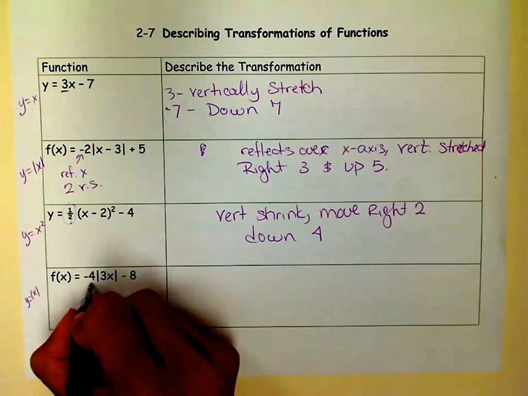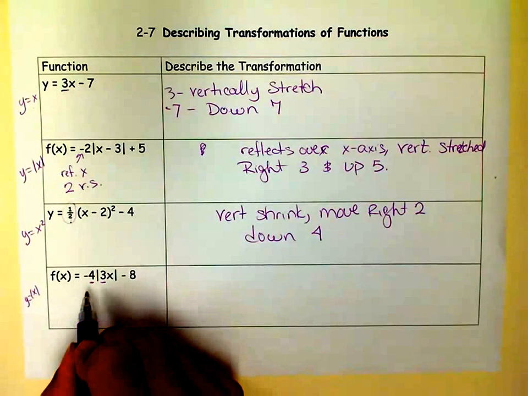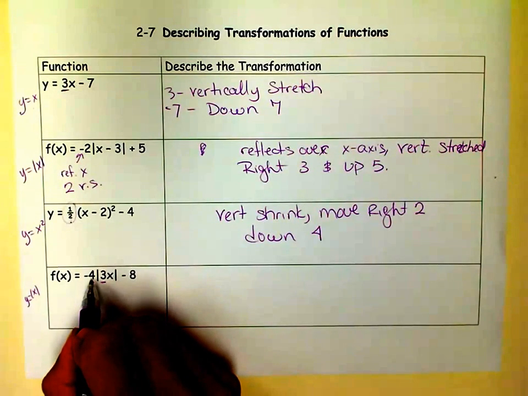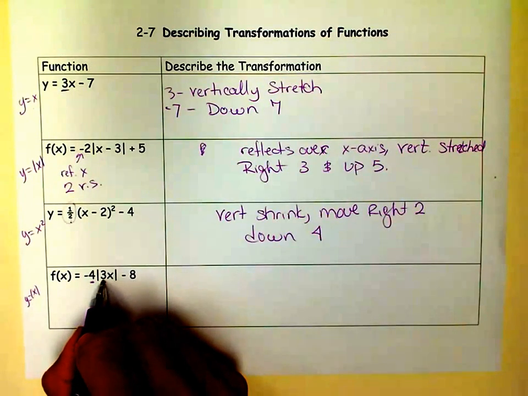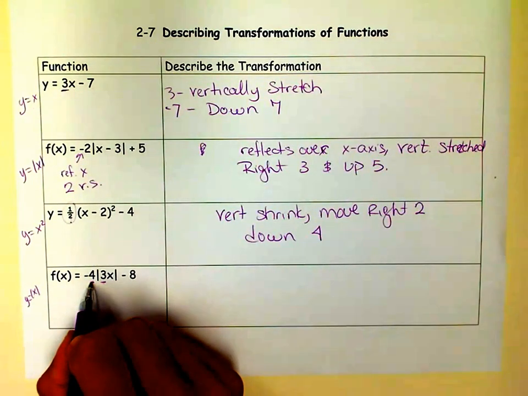Okay, this one, I've got a number inside and outside. When the outside number is greater than 1, it vertically stretches. When the number inside is bigger, it horizontally shrinks. It's kind of hard for some kids to remember, because when it's bigger than 1 here, it shrinks, and when it's bigger than 1 here, it stretches.